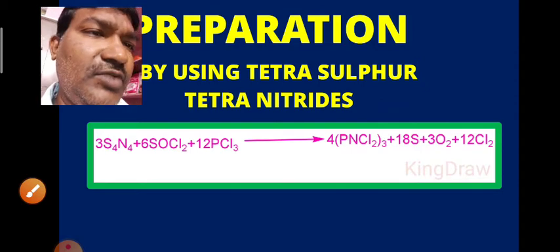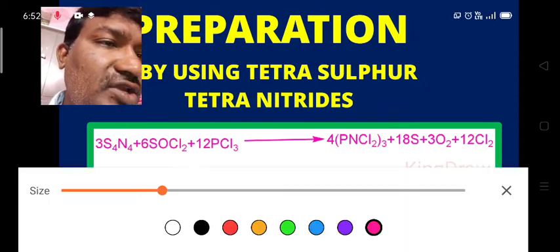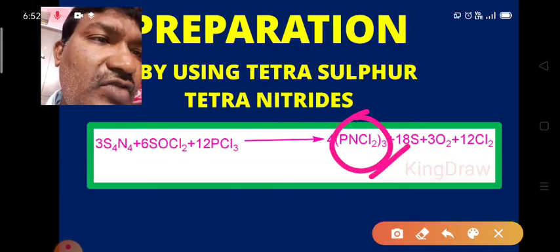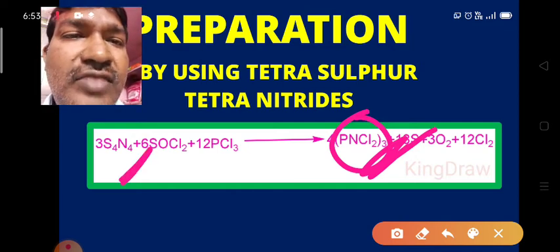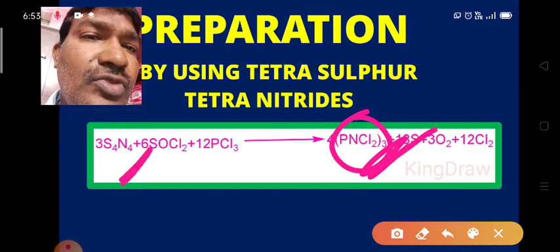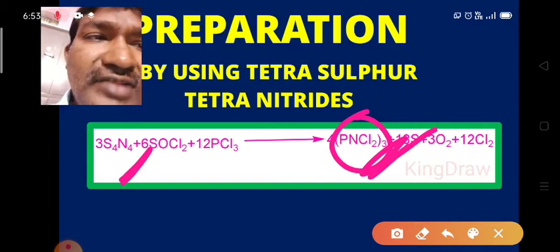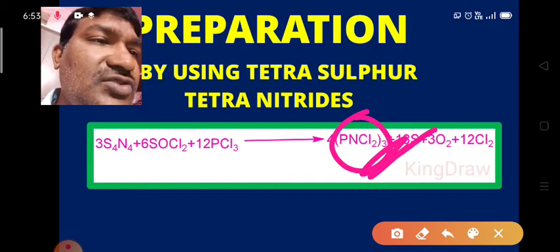First of all we remember the product, that is (PNCl2)3, and here we have the number 3, and in tetrasulfur tetranitride we have 4 as the subscript of nitrogen. In order to balance the number of nitrogen atoms, we simply exchange those numbers.